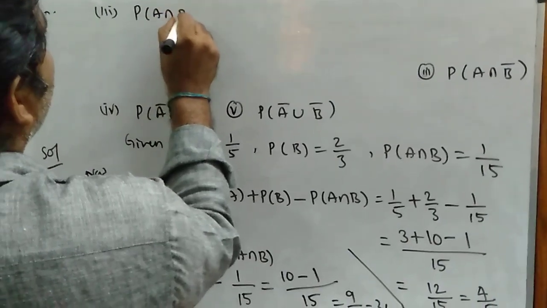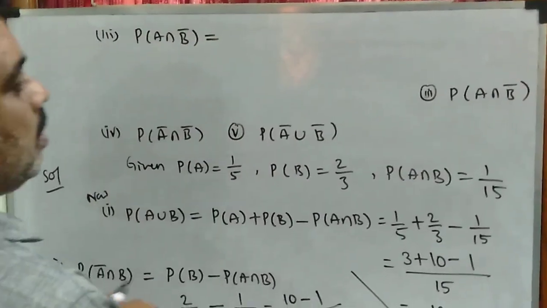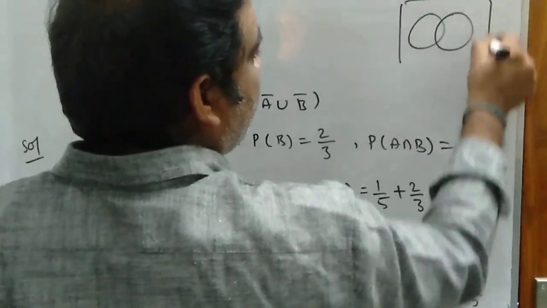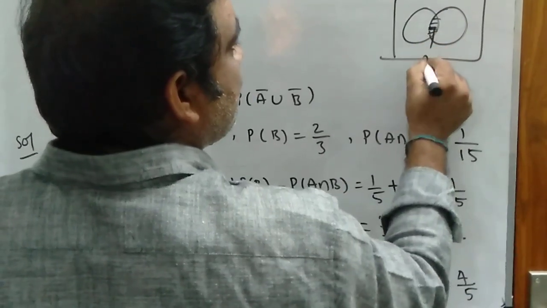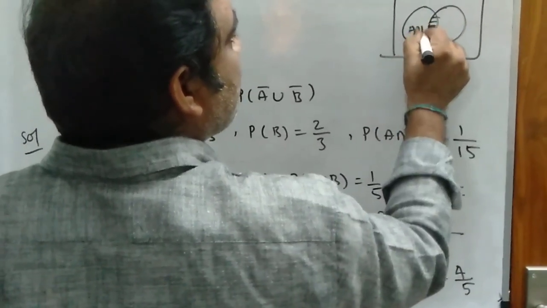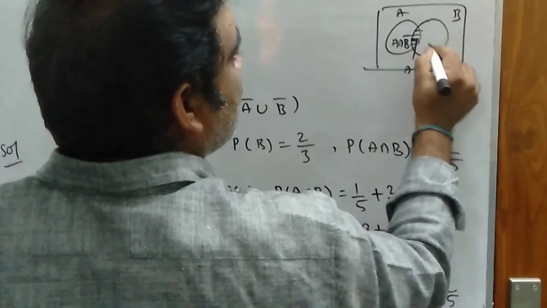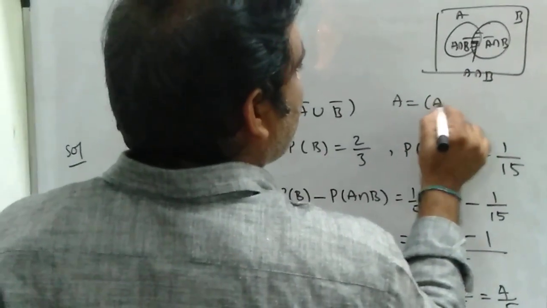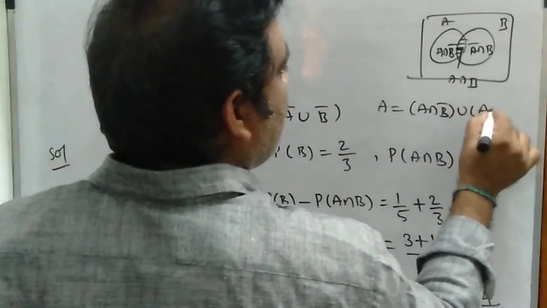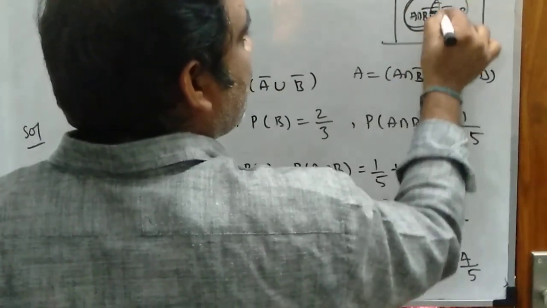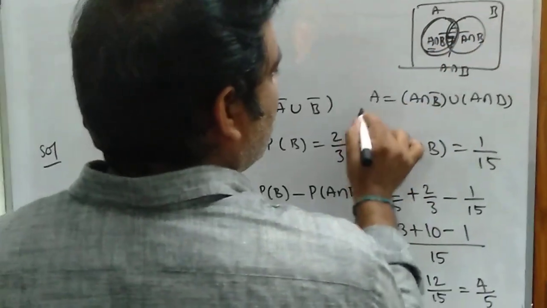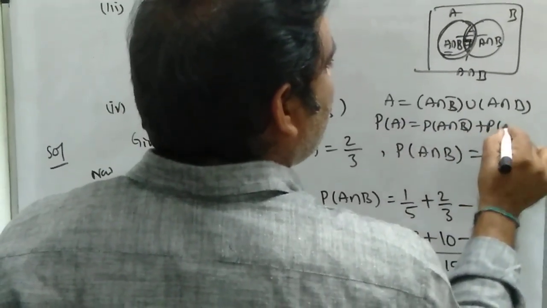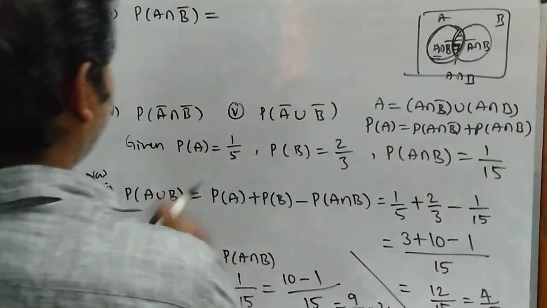How can we find it? Using the same Venn diagram: this is A intersection B, this is A intersection B complement, and this portion is A bar intersection B. The set A can be represented as A intersection B bar union A intersection B. So taking probability, P of A is P of A intersection B bar plus P of A intersection B.